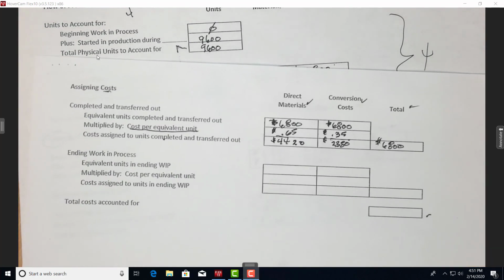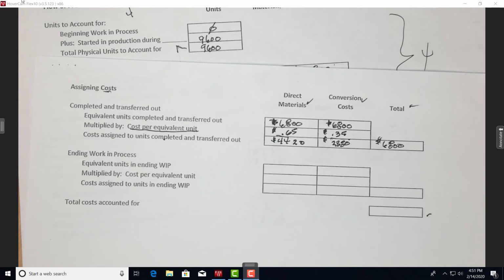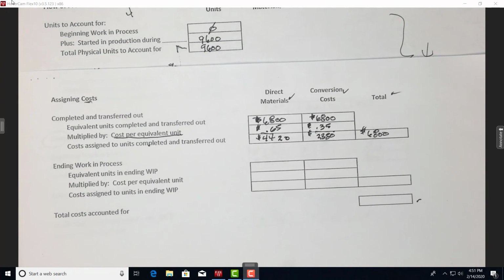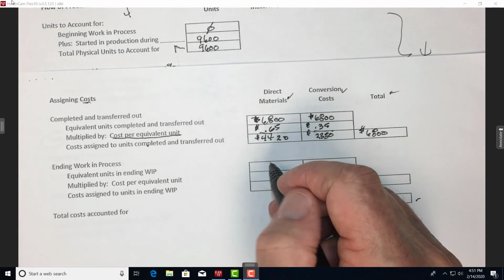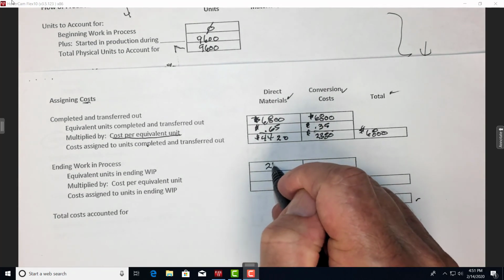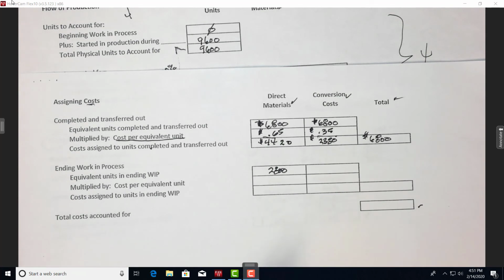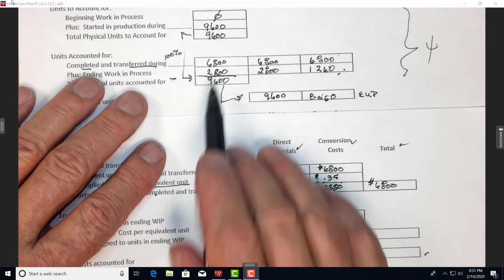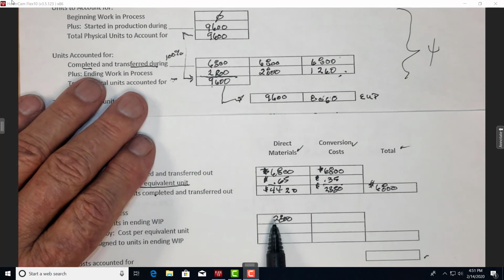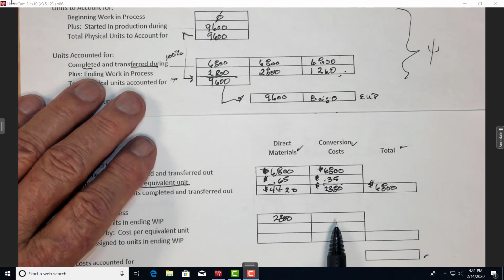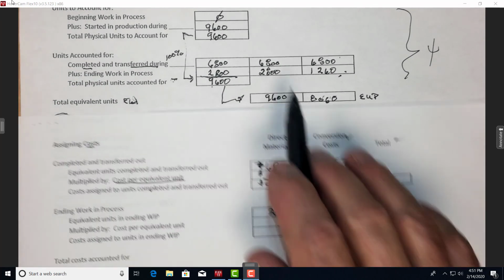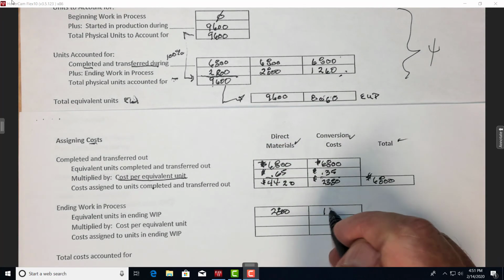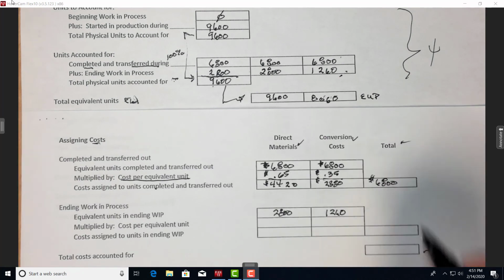All right. Now the last part is the ending work in process. The ending work in process was 2,800 units for direct materials, and the conversion cost is 1,260 units.